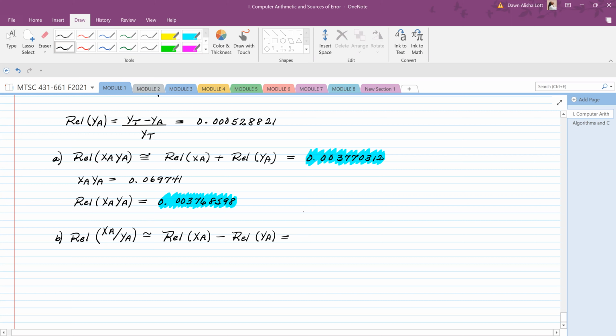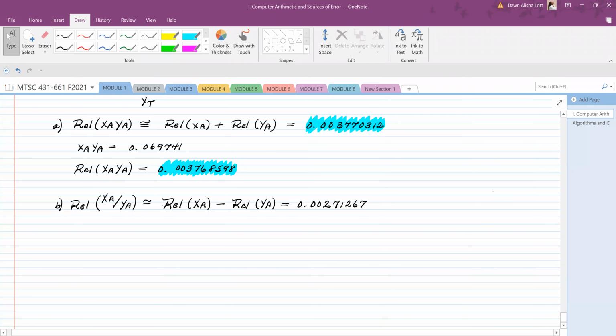And that number is 0.00271267. If I take X approximate and divide by Y approximate, I actually get 0.216931217.